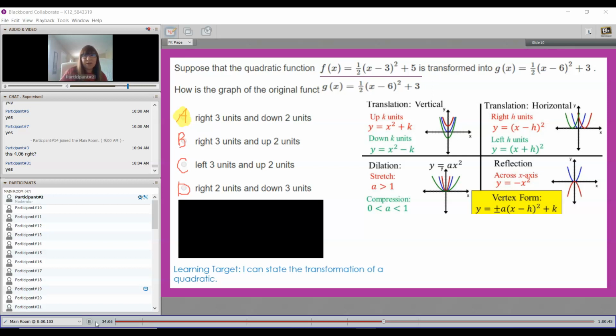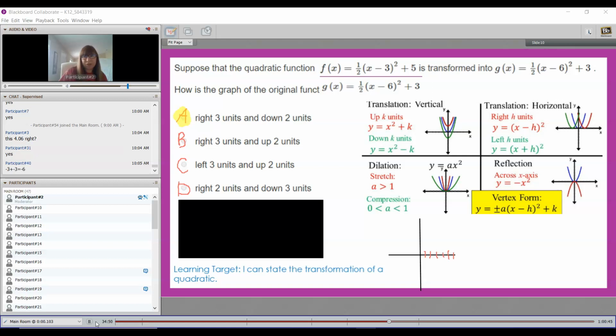How did we go? So the 1/2 was the same. How did we go from -3 to a -6? -3 plus what gives us -6?